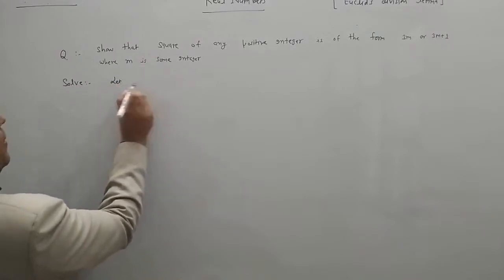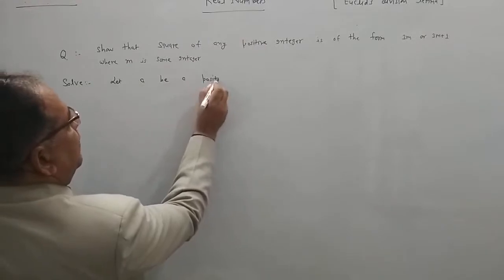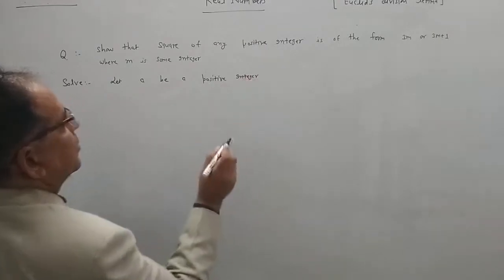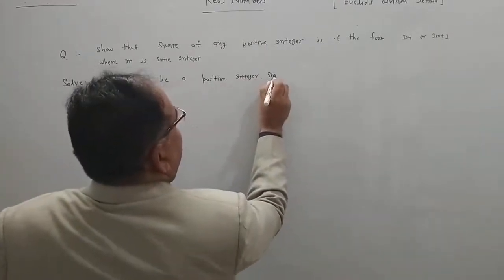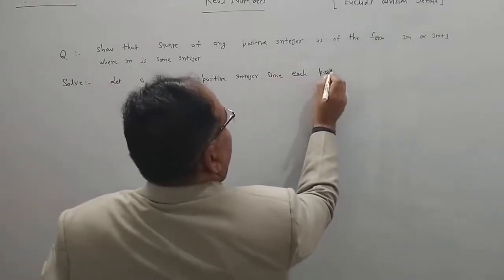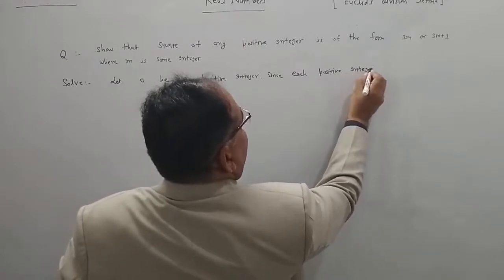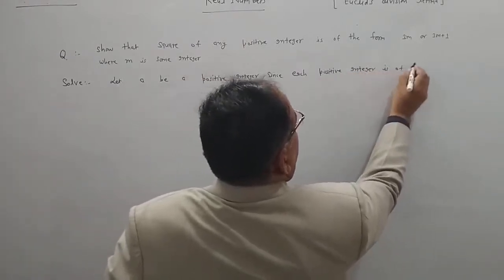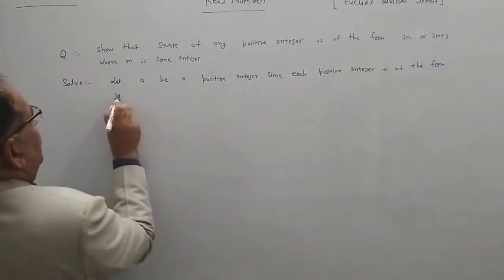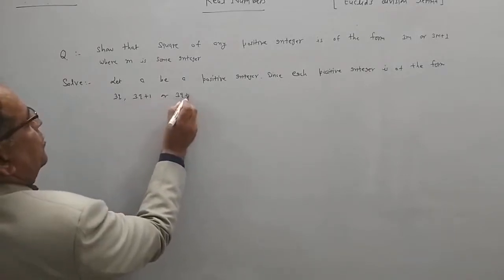Let a be a positive integer. Since each positive integer is of the form 3q, 3q plus 1 or 3q plus 2.